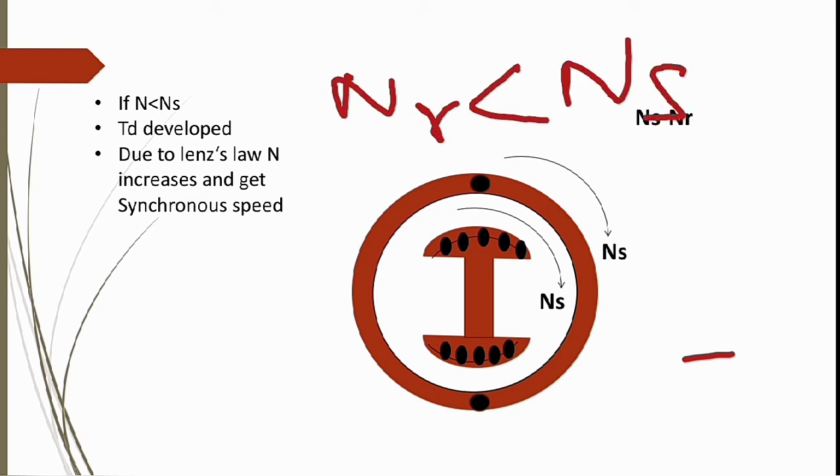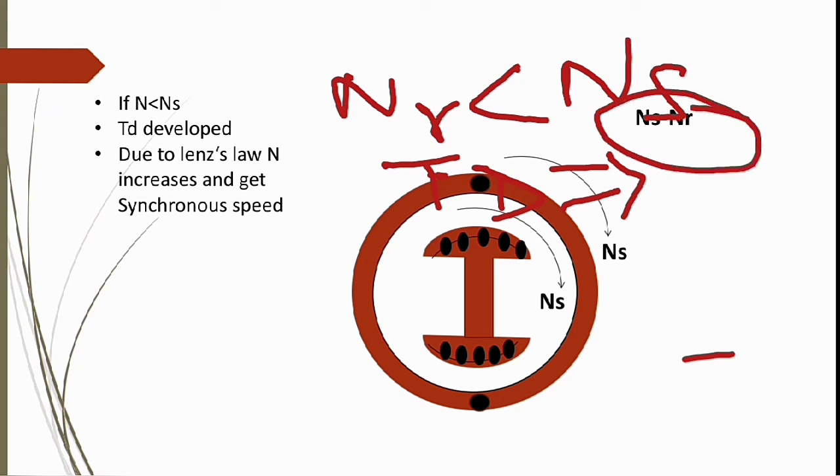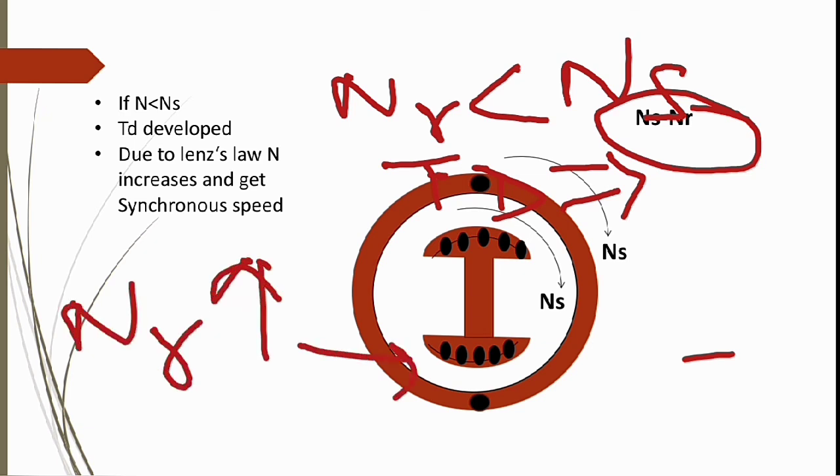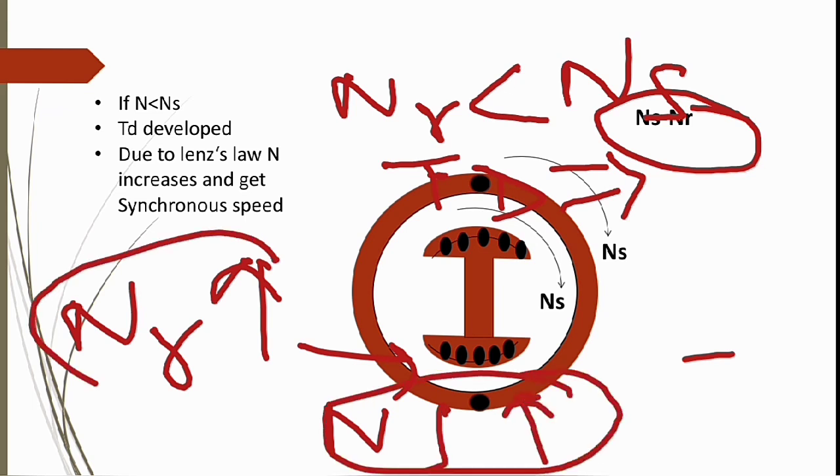In this condition we again get the damping torque, which opposes the cause, ns minus nr. That means it increases the rotor speed until the synchronous speed is reached.